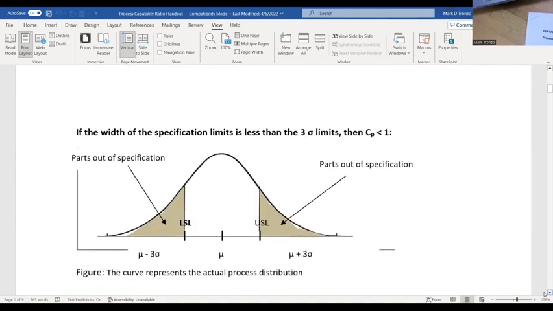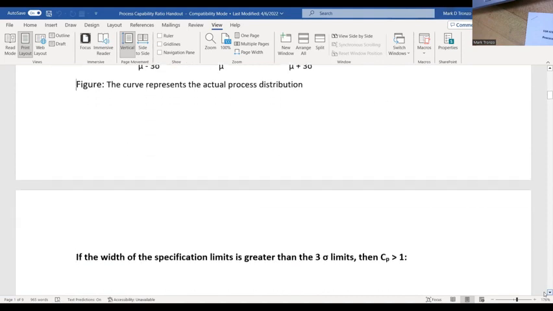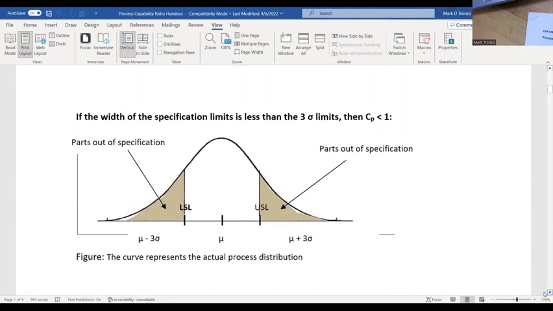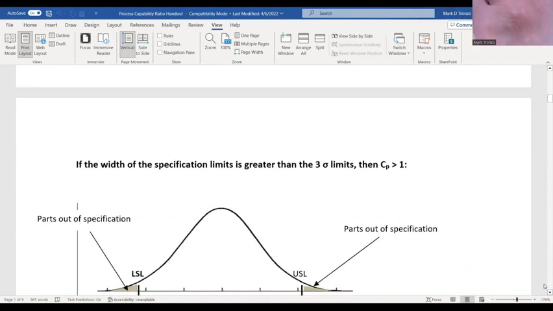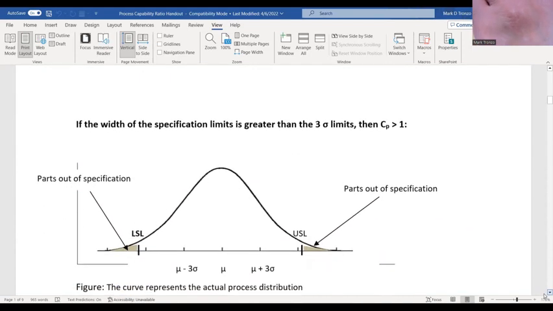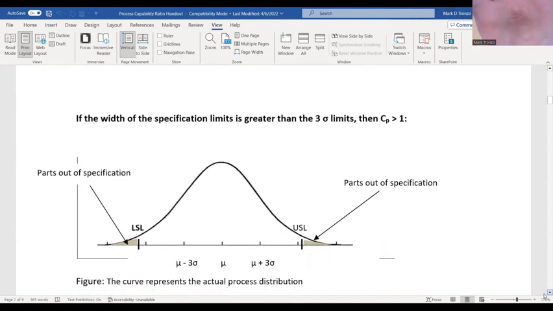Now in this case here, the upper and lower control limits are way outside, so there's going to be a lot of bad parts because here's your specification limits in here. In this case, the CP value would be real low.